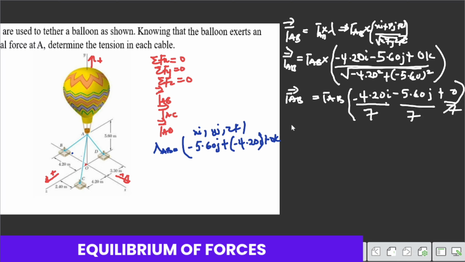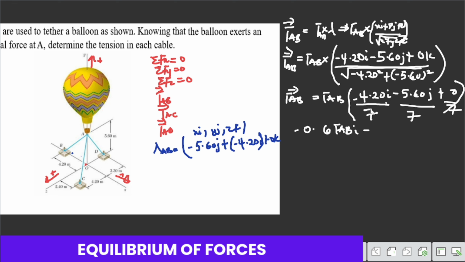So lastly, you can actually have our component for this side. We're going to have the whole of this here. So negative 4 point this one here, going to multiply this by this. Going to have negative 0.6 TAB here, I. Then the next one is going to be negative.